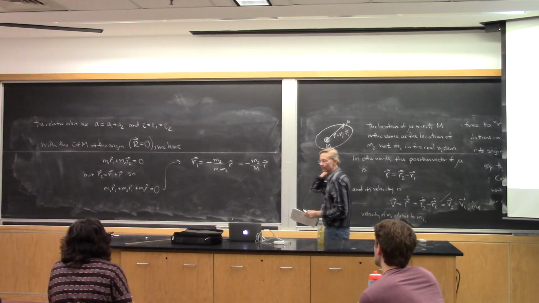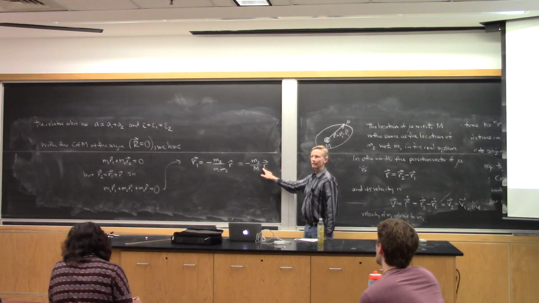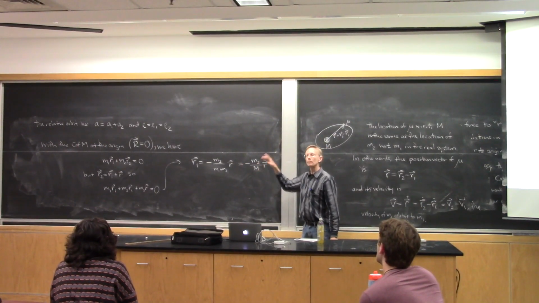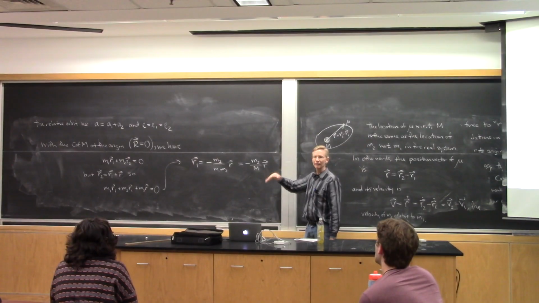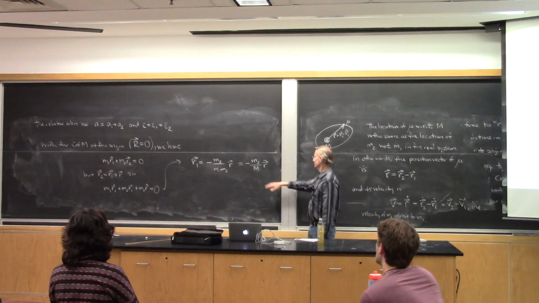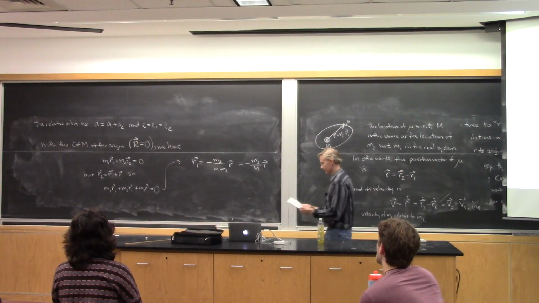So notice what this is saying is, if we know R in the equivalent one-body problem, and I want to know what R1 is, I just plug into this formula. If I want to go back to the actual system and figure out where the actual R1 is, just use that formula, and that'll tell us that.